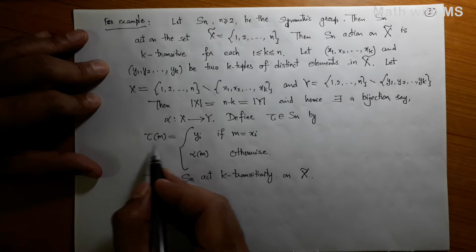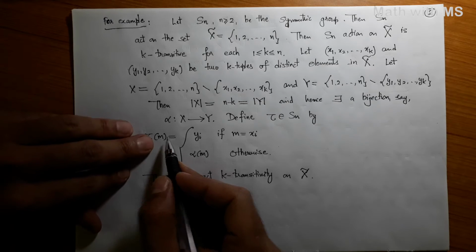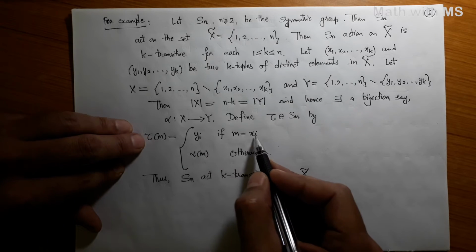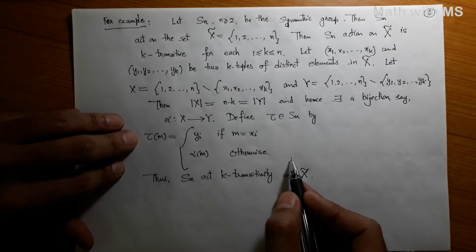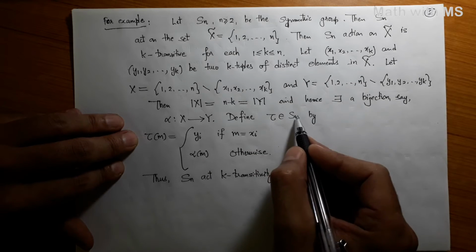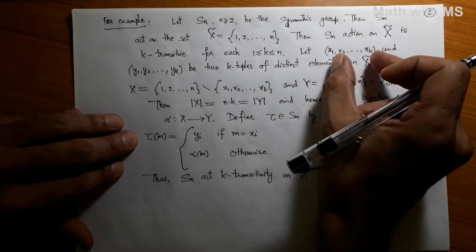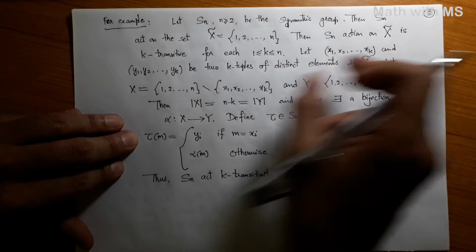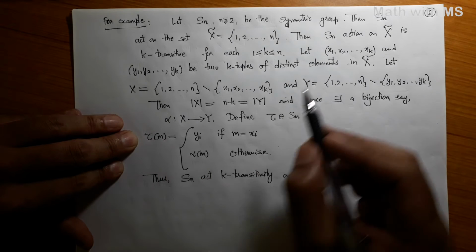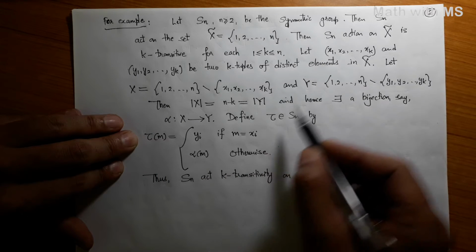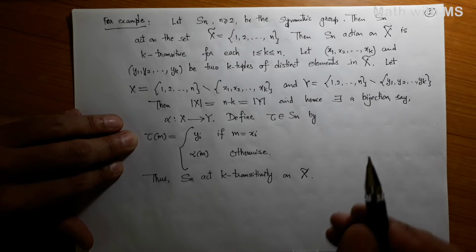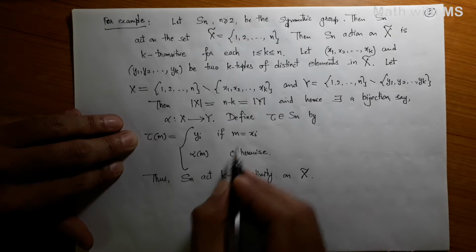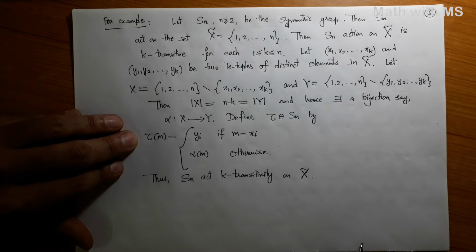Tau of any m is y_i if m is x_i, and alpha of m otherwise. Then tau is the desired permutation which maps the first k-tuple to the second k-tuple. In other words, the permutation tau maps x_i to y_i for each i simultaneously by the same group element.